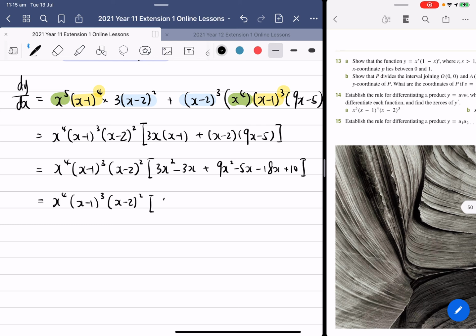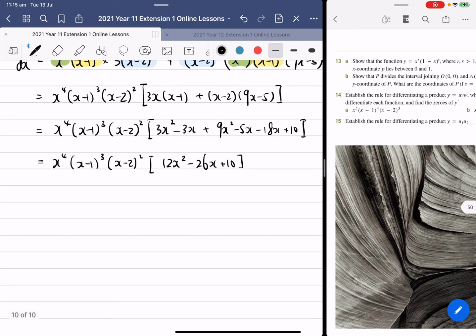At the end, we have 12x squared, minus 26x. Is that 26? Minus 3, minus 5 is minus 6, minus 8, and minus 18, minus 26. Yep. And plus 10.